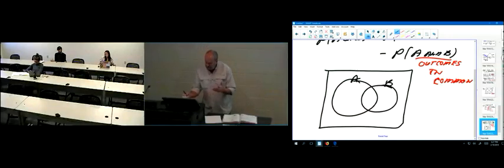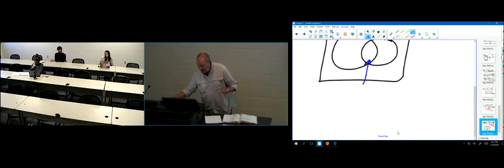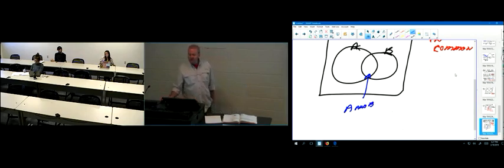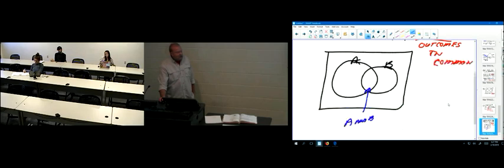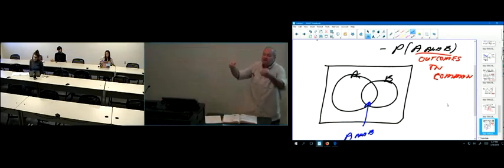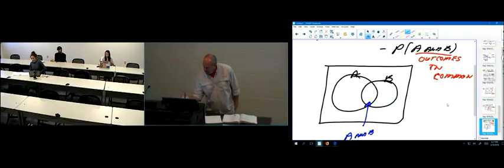This part right here, just to show you again, if you want me to give you words, there are outcomes in common, that's the A and B part. Now, I'm going to do this. All right? When I see this Venn diagram, there are 4 pieces. There's 4 different little regions. There's 4 different little areas here, right? I'm going to label them like this. There's 1. That's the and. Those are the ones that are in common.